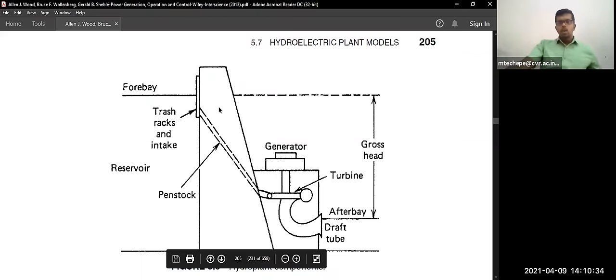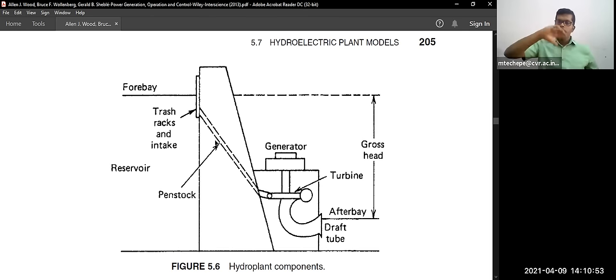So here one more surge tank will be there. Surge tank. So what is the use of this surge tank? Surge tank is about the pressure in the penstock. As I said, a huge pressure will be there in the penstock. So say for example, you close the valve when it is not used.